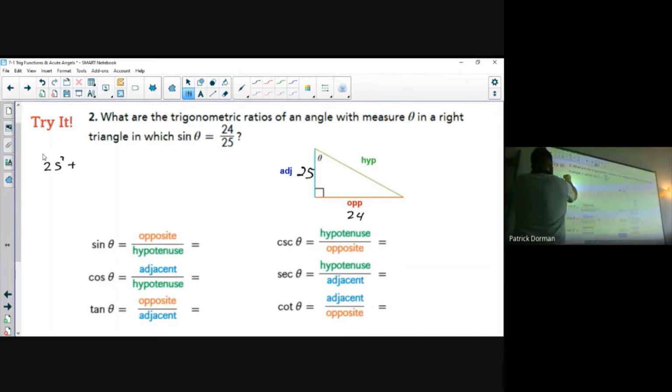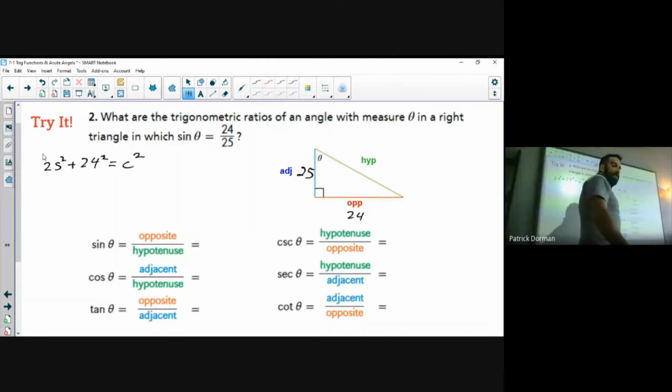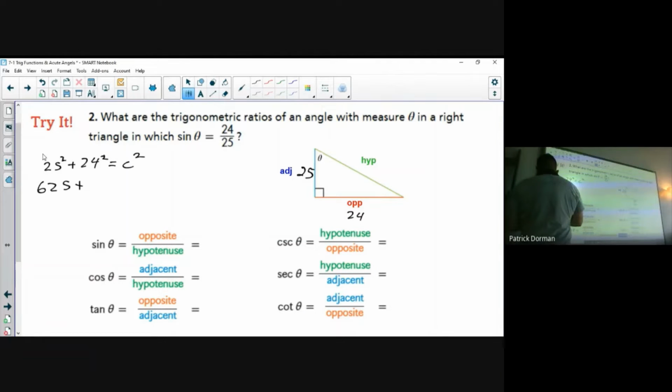All right, we've got a squared plus b squared equals c squared, and that's what we really want to know. We need to know what our hypotenuse is. Well, 25 squared is 625, and 24 times 24 is 576. We're going to add those two together and we get 1,201.